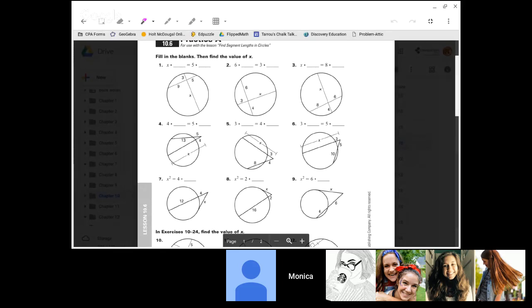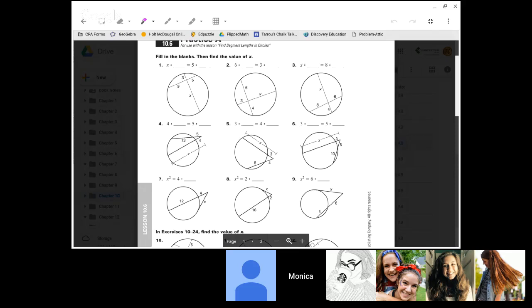Okay, Lily, so for number 4, this is the same thing as what I just did on 13. So this is 2 secants, right? When you're dealing with 2 secants, you do the outside times the length of the whole secant equals the outside of the other one times the length of the whole secant.